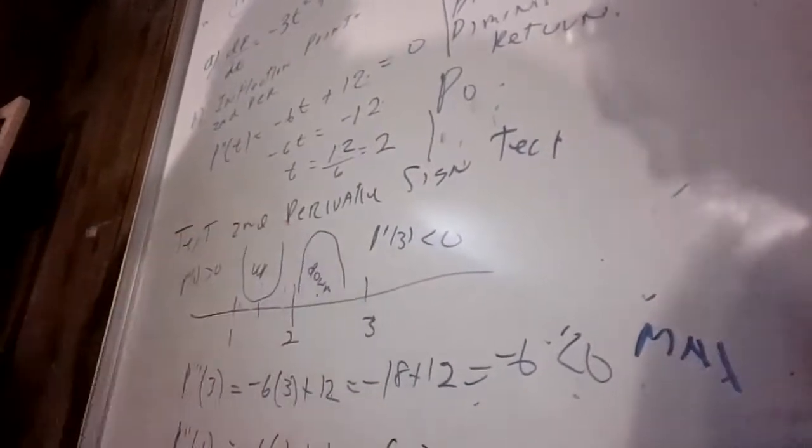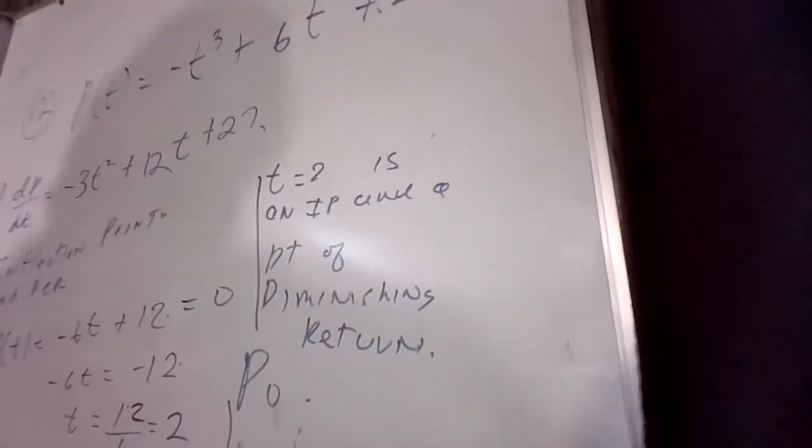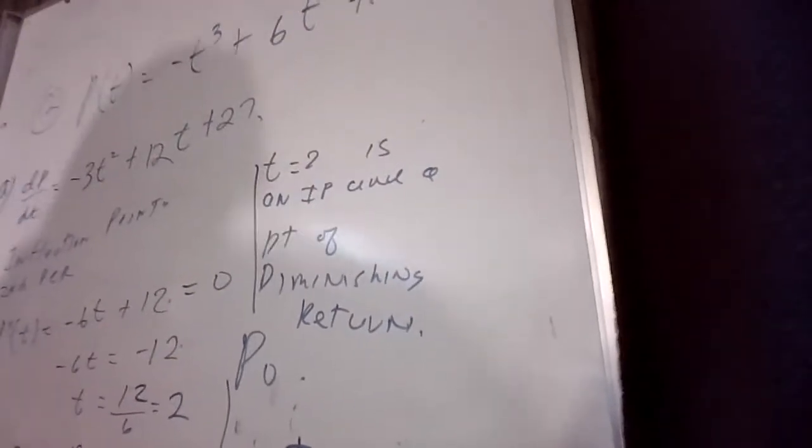Smile, frown, still a point of diminishing returns. So instead of t equal 2.3, it's t equal 2. All right, that came out a little bit nicer than the 2.3. I'm glad I changed it to a 6.